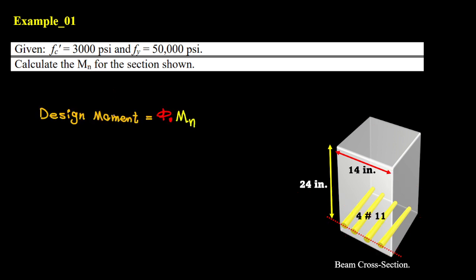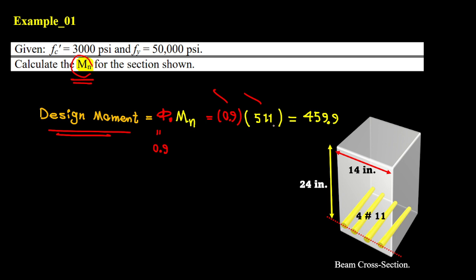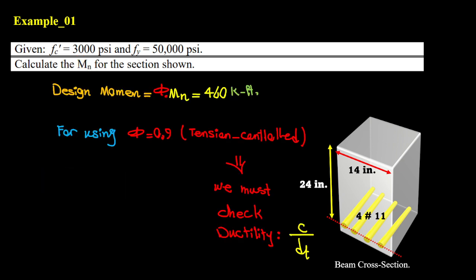If your problem finishes here, fine, but most of the time we are interested in the design moment, which is phi times Mn. With phi equal to 0.9 for flexure, multiplying Mn by 0.9 gives the design moment, and you can report it as design moment, phi Mn, 60 kilo-pounds.